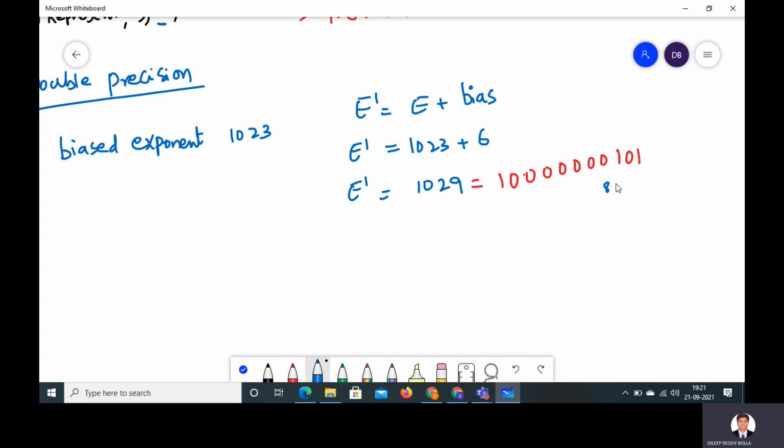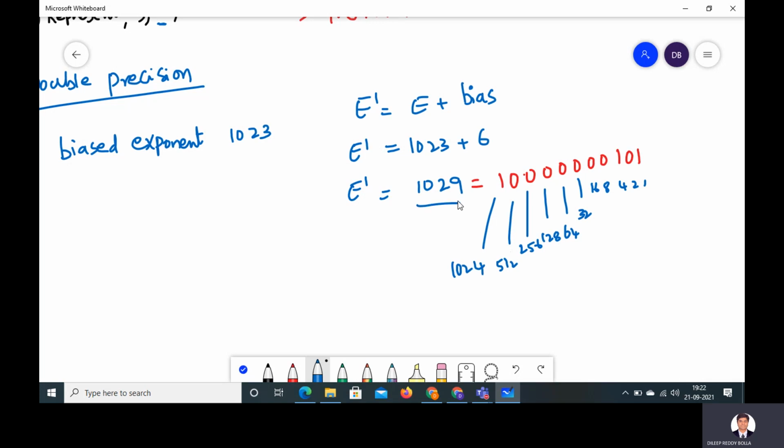So it's 8, 4, 2, 1, then 16, 32, 64, then 128, 256, and this is 512, and this is 1024.